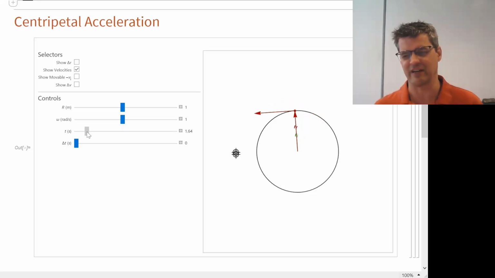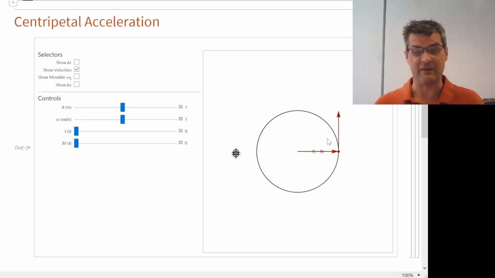At some later time, it's pointing to the left. At some later time, it's pointing down and to the left. At some later time, it's pointing down. The velocity vector is changing as a function of time, even though the speed of the particle is not changing as a function of time. But because the velocity is changing, that means that there is an acceleration. That's really what's going on in this problem.